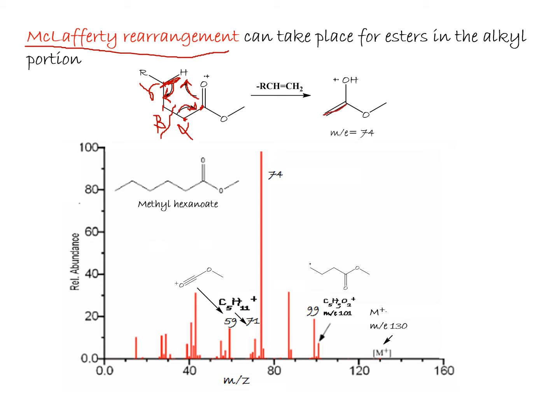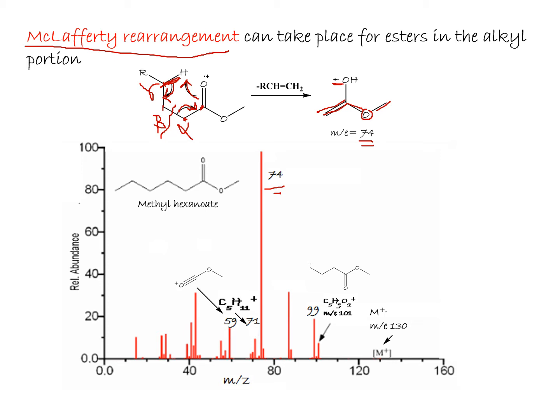So we'll have a double bond, OH, cation radical, and you have O here. This will give you an ion at 74, a base peak. So the McLafferty fragmentation or rearrangement causes a highly stable ion at 74.